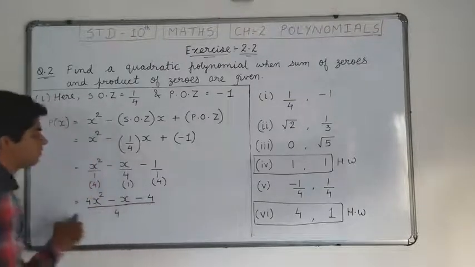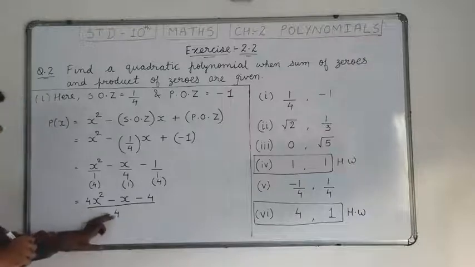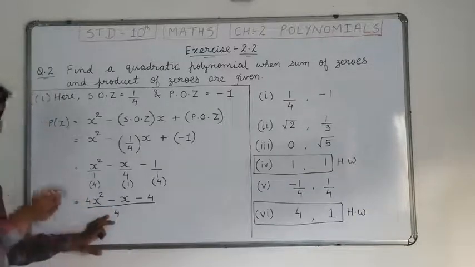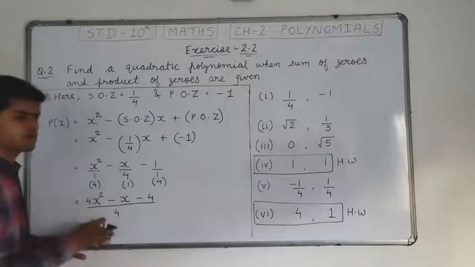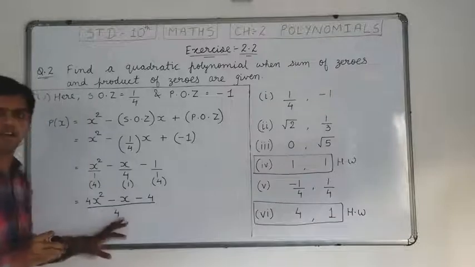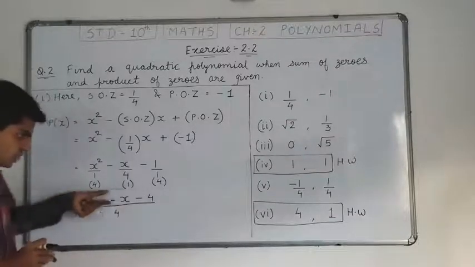LCM whole divided by 4 will come. But now our required answer is only numerator. Whatever denominator comes, 4, plus 4, minus 4, x, y, z, any number in the denominator, simply you have to remove it. Forget it and you have to write the answer only numerator.